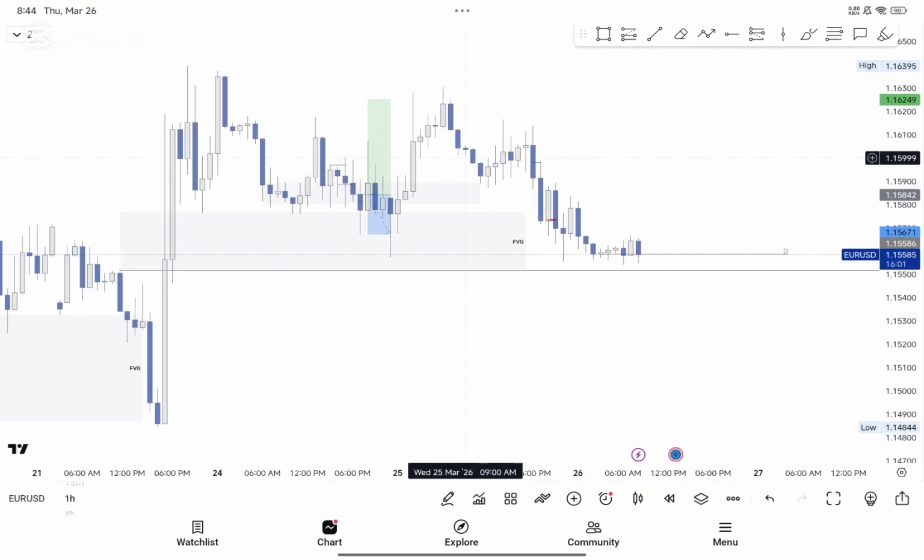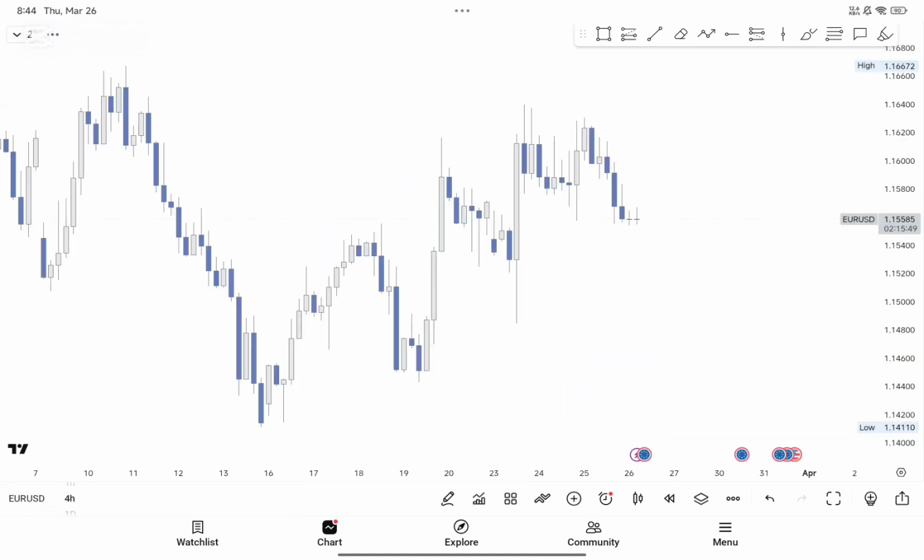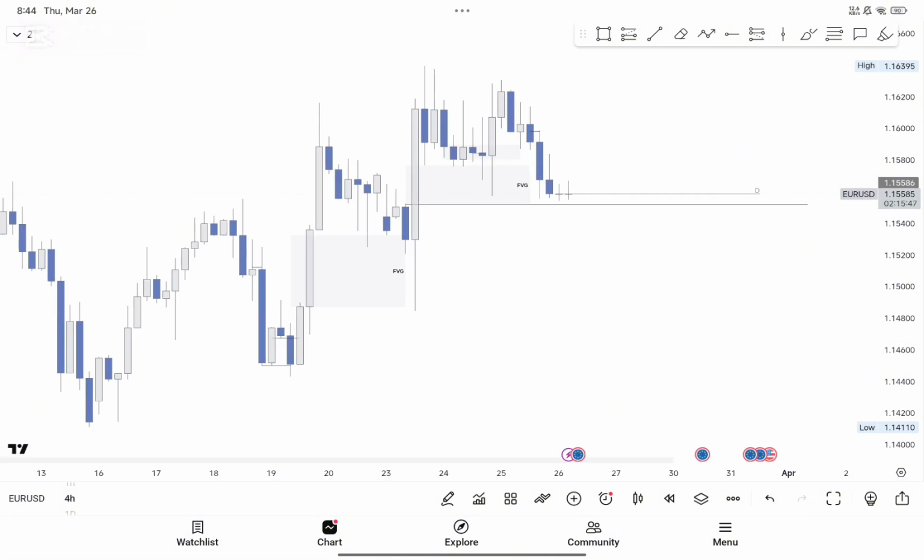You can see on the higher time frame in H1 we do have this bearish market structure shift, and in the 4-hour as well we do have a couple of bearish engulfing candles, and price really did come to that level. So yeah, that was the thing on Euro USD.